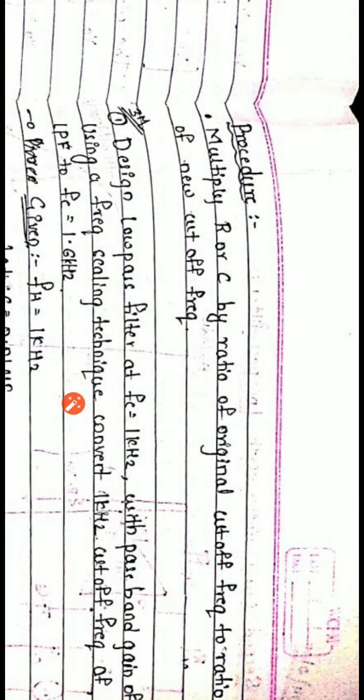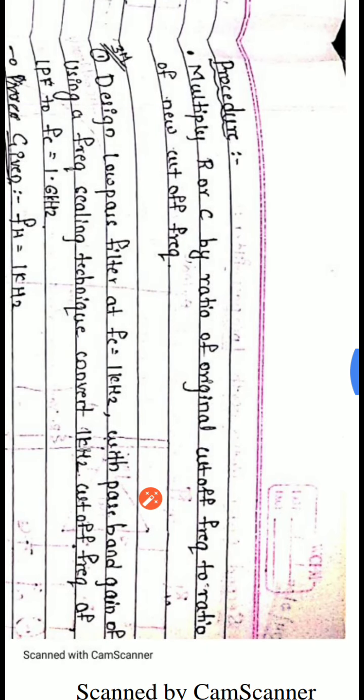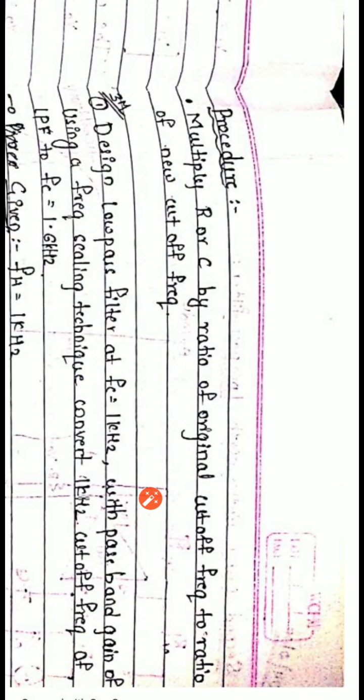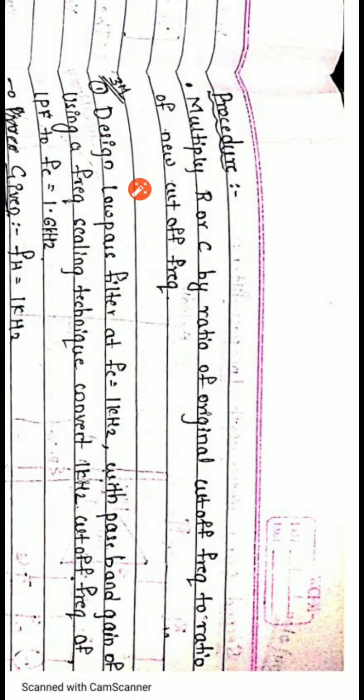To find the different cutoff frequencies, we need to find the different values of R and C by the ratio of the original cutoff frequency to the new cutoff frequency. If we obtain the different values of R and C, we can find the new cutoff frequency. So this is about the first order low pass Butterworth filter.